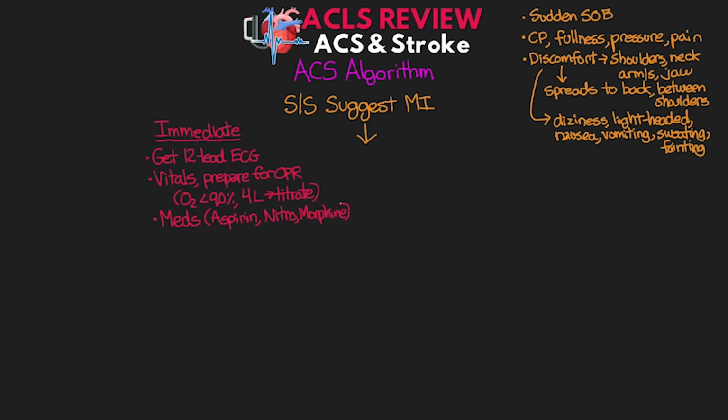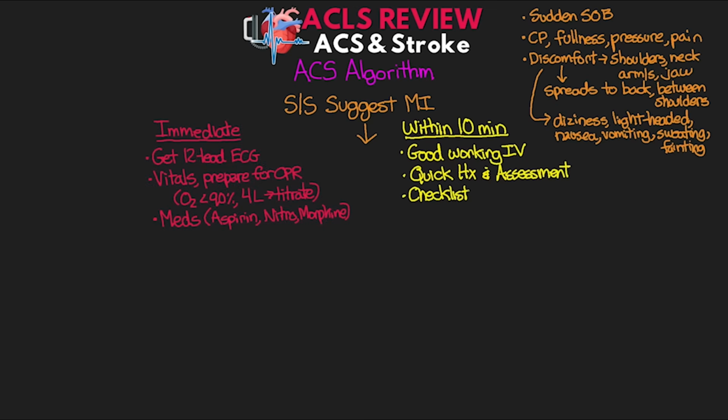Now, next are the things that you want to be doing concurrently. So they can come after the first 3, but we really should have these done within the first 10 minutes. And these are going to be things like ensuring that you have a good working IV access. You want to attempt to perform a quick history and assessment. We do also want to review over the checklist for giving fibrinolytic and checking for any contraindications that the patient might have.